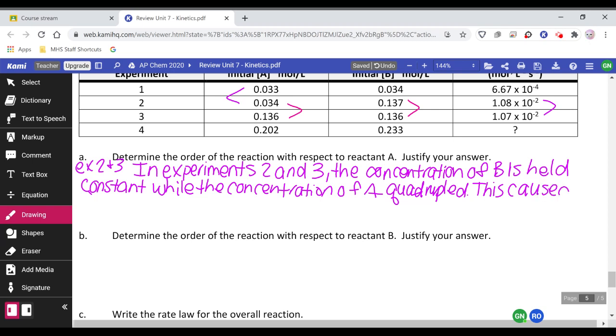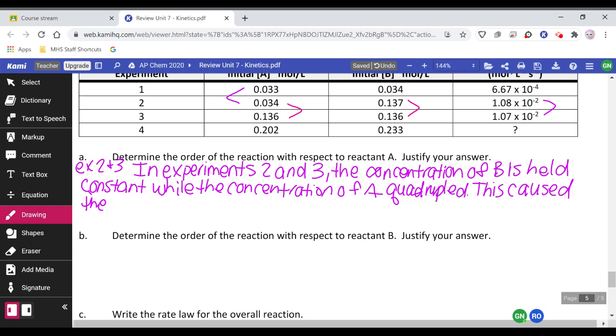Okay, so that's what we want to describe next. So this caused the reaction rate to do what? Decrease. What's that? Not change. Not change. Because of sig figs and all, I'm told that is close enough to say no change on that. Because remember, with inspection, we're kind of doing some estimation, right?